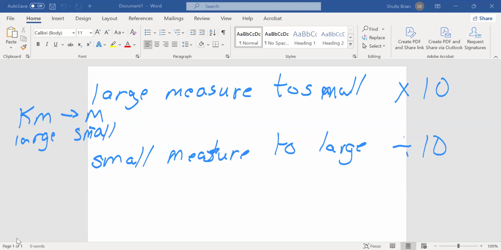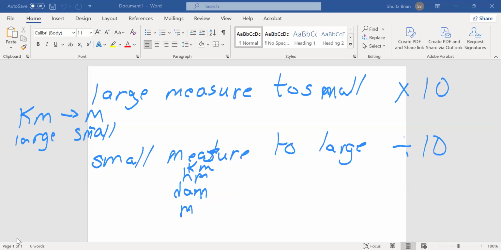So from kilometers to meters, you can remember that I had meters here, and then I have decameters, hectometers, and kilometers. To change from kilometers to meters, I go 1, 2, 3. So I'm going to multiply by 10 3 times.